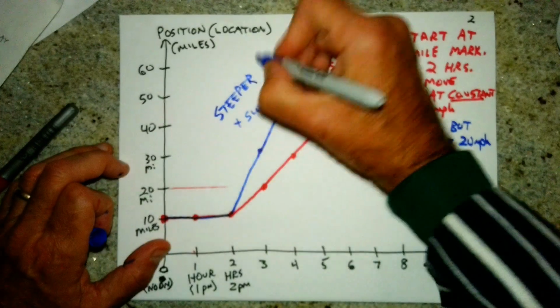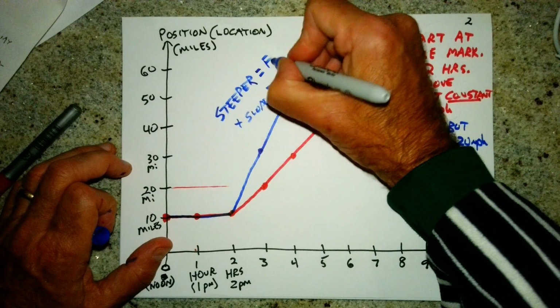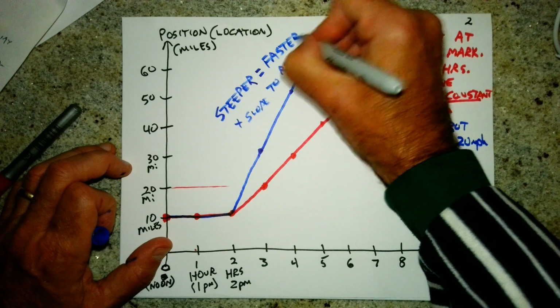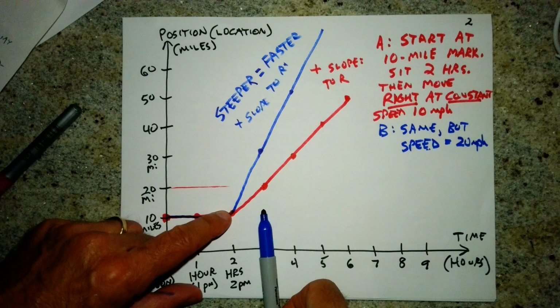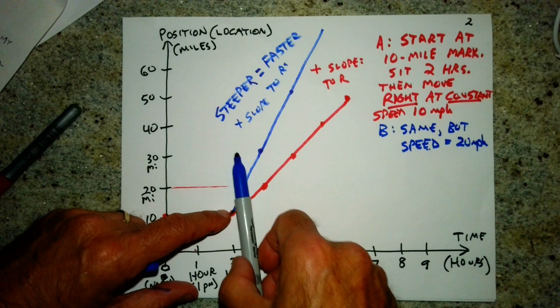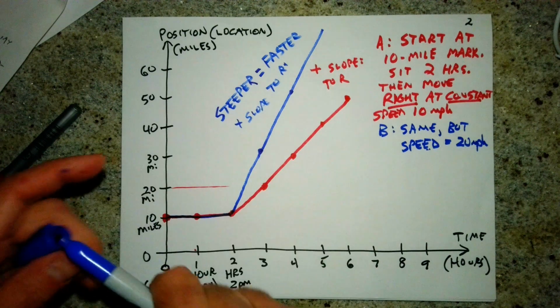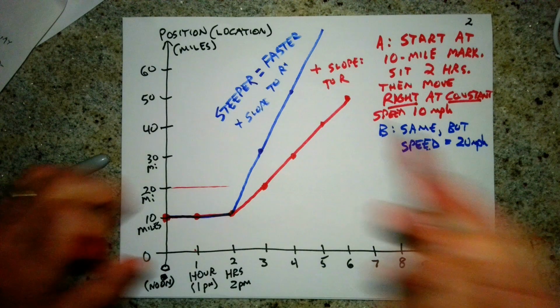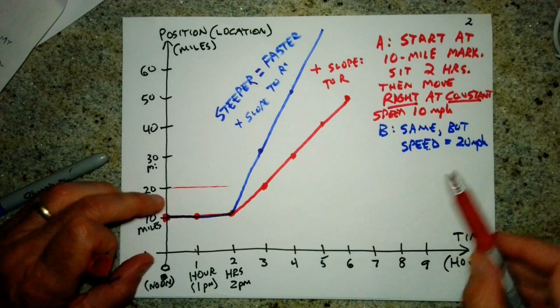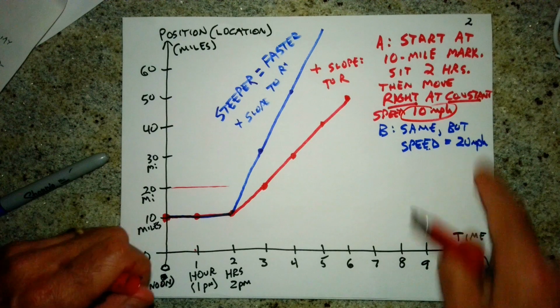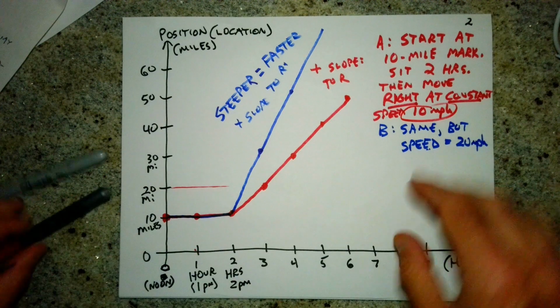So steeper slope means faster motion. The blue one's going faster, so it gets a steeper slope because every hour the position changes by 20. The red one has a shallower slope. It means moving slower because every hour the position only changes by 10. That's 10 miles per hour for the red, 20 miles per hour for the blue.